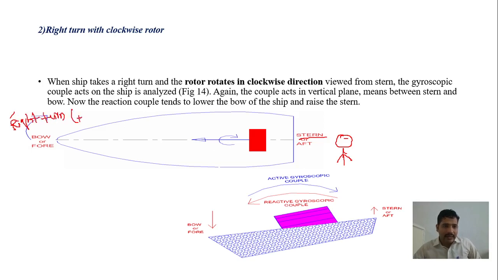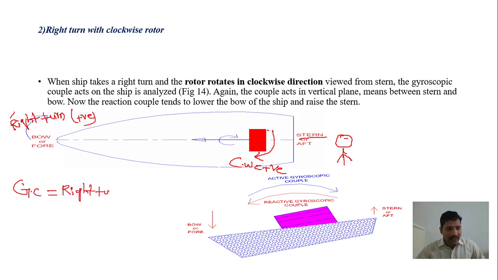The right turn is considered as positive, and this engine or rotor is rotating again in clockwise direction. Clockwise means again positive. The ship is taking the right turn into the rotor rotating in clockwise direction.